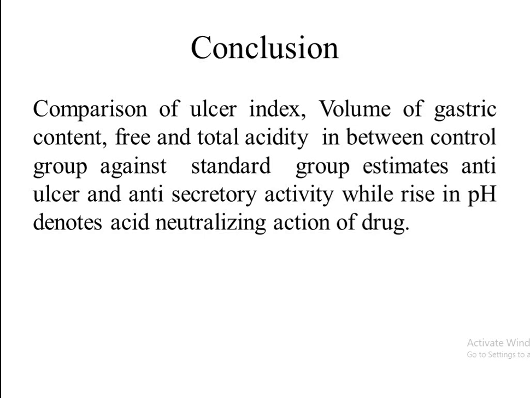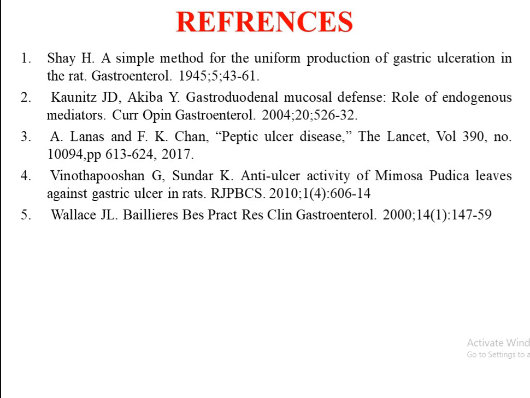So this is the conclusion, and here are the various references that you can write. I have written the content from these sources. The first paper I have added is from Shay. You can use these references for your purpose.